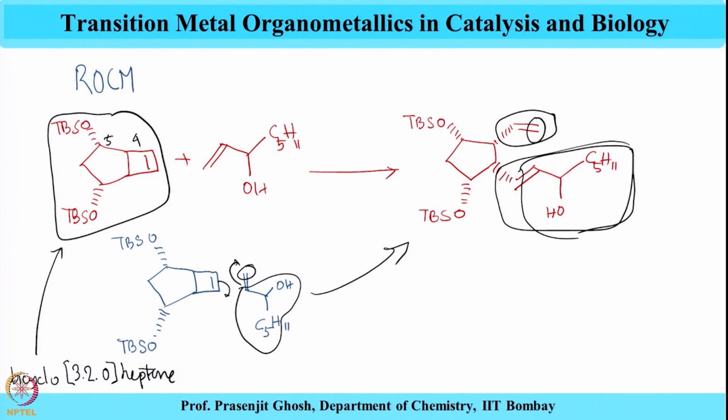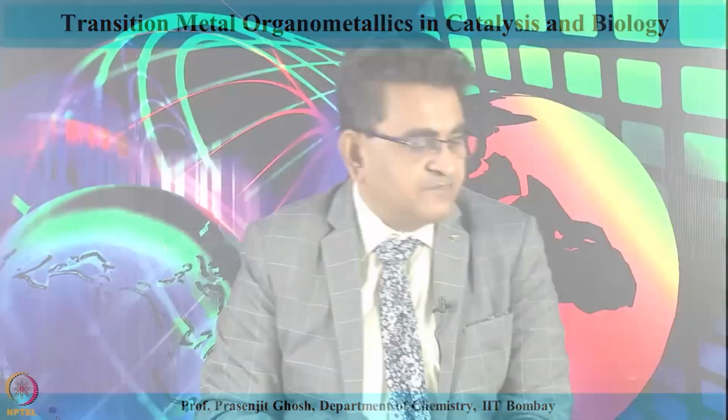Now, these have gone beyond achiral substrates, and even chiral forms of these have been reported, and in this case the metathesis catalyst used for the study is obviously a chiral compound. So, we are going to take a look at several of the chiral examples that have been reported for ring opening cross metathesis reaction.